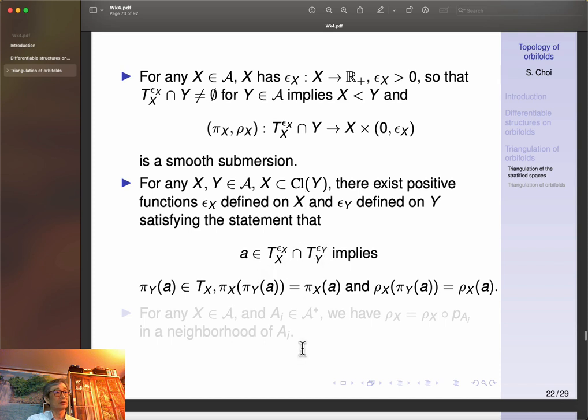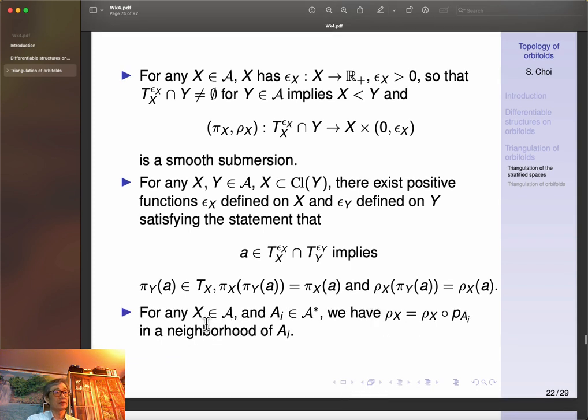I don't want to really go through it, but please look at the book by Verona. And so for any x in A, A_i in A star, we have rho_x equal to rho_x composed with P_{A_i} in the neighborhood of A_i. So again, this is a compatibility condition between the element of A and A_i star and so on. So we need this compatibility, because otherwise it doesn't make any sense.